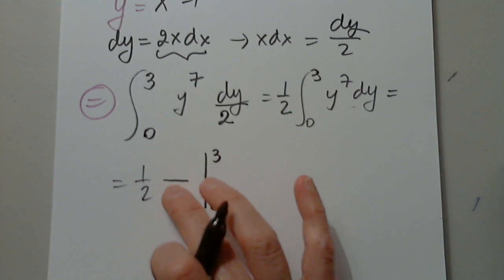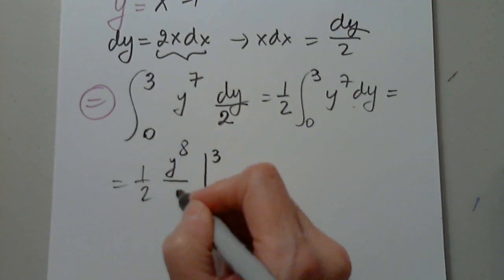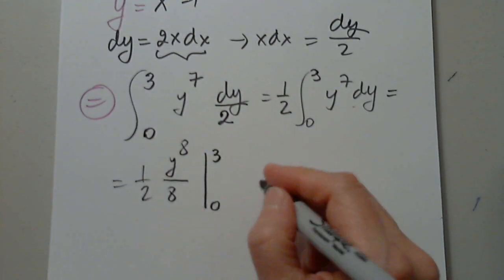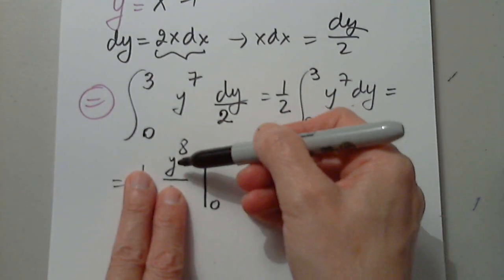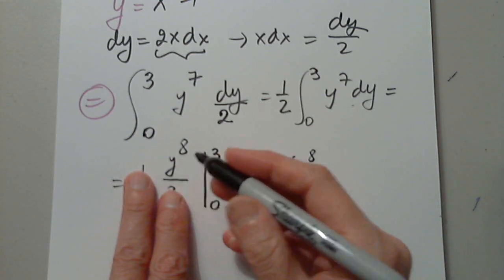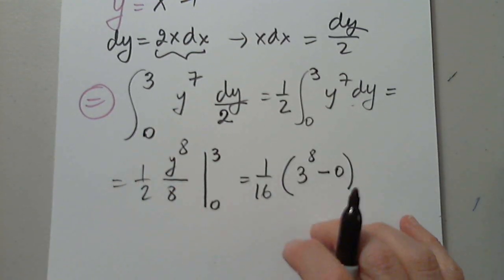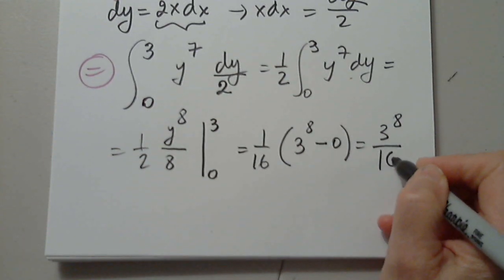There is only one: y to the 8th over 8. I'll multiply by 1 over 16. And now I plug in 3. Minus, and when I plug in 0, there is nothing I have to write. So the answer is 3 to the 8th power divided by 16.